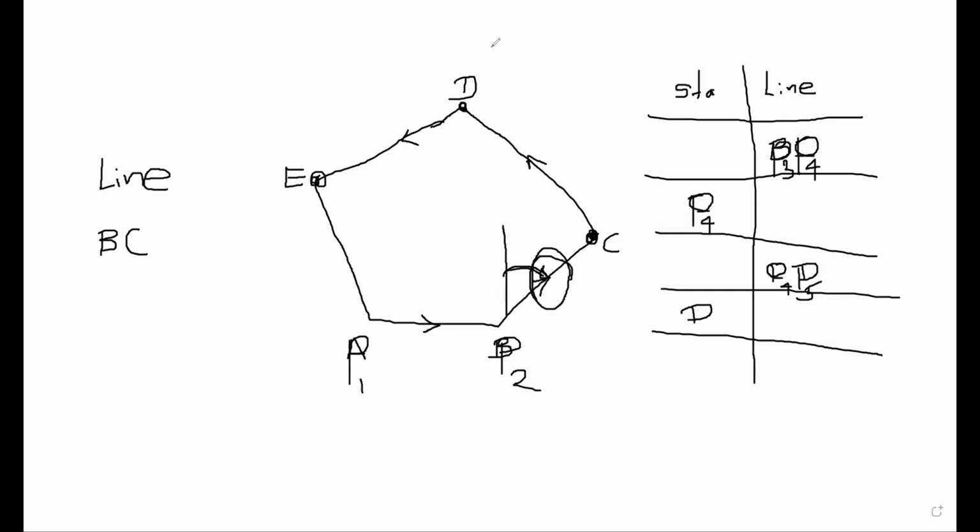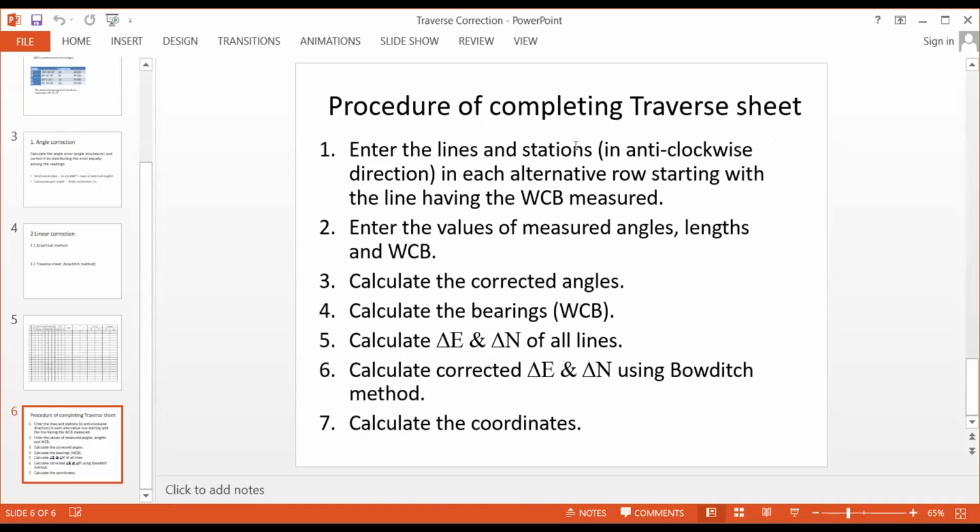Now come back to your problem. Is this statement clear? Now come back to the step. It says enter the lines and stations, in anti-clockwise direction, in each alternative row. So you have to have line and station in different rows, starting with the line having the bearing measurement.